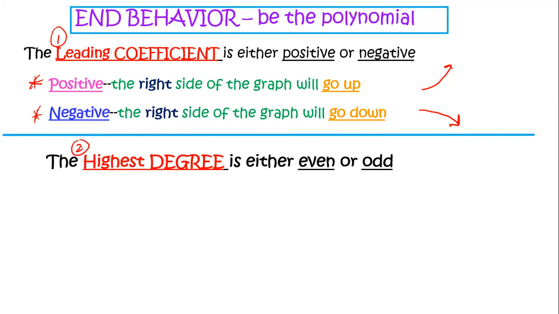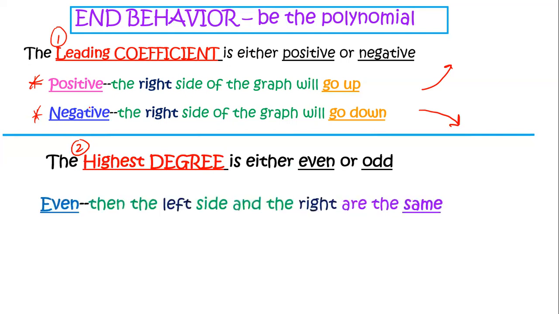And when you're describing your degree, you're describing whether it's even or odd. Okay. If my degree is even, that means my left side is going to mimic the right side. So even, your left and right side are the same. I like to call this even behavior.